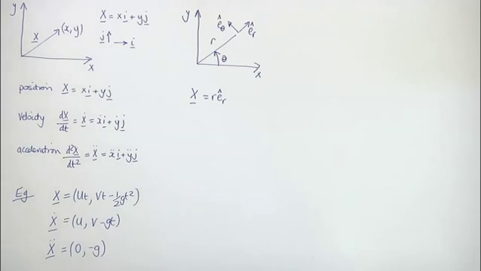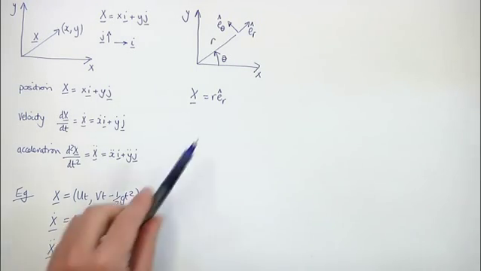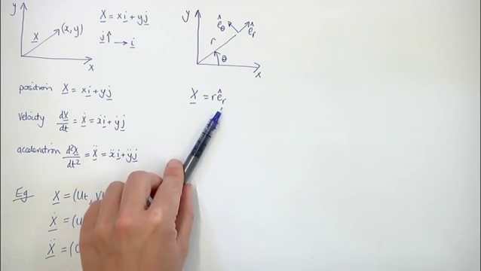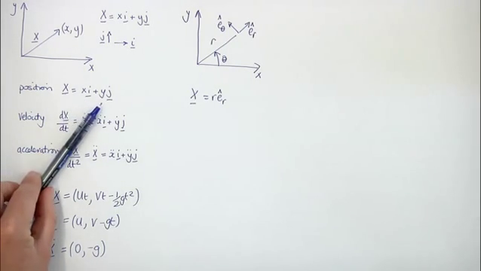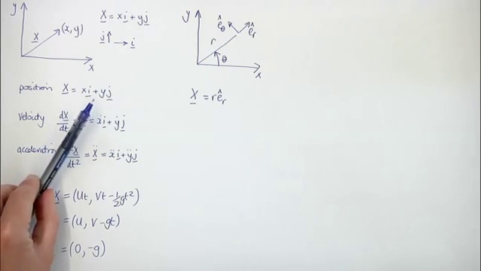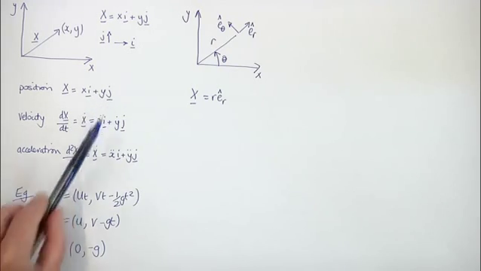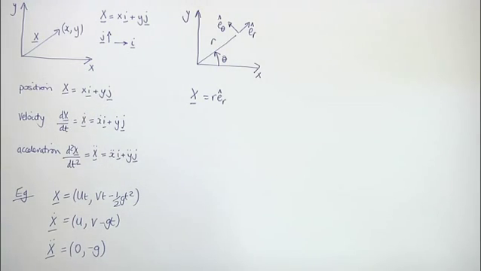So the position is simpler in polar coordinates than Cartesian coordinates, only one magnitude r and one direction er hat, instead of two, x and y, and two directions i and j. The difficulty comes when we want to calculate velocity and acceleration.